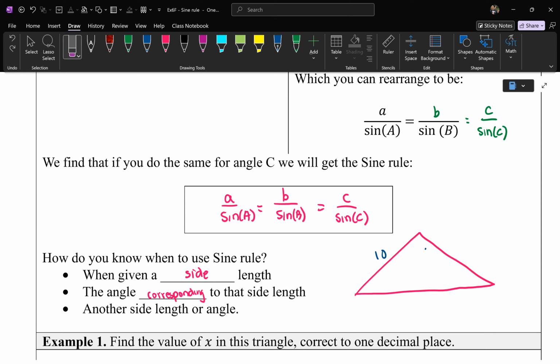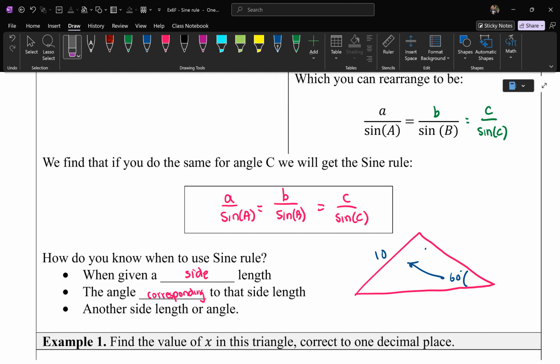It has to be this angle that they give you for you to say little a over sine big A is equal to each other. That's why you need the opposite angles to be the same. So one of the caveats is that the side length they give you has to correspond to one of the angles, and they have to give you another side or angle for you to solve. If they don't do that, then you can't use sine rule.